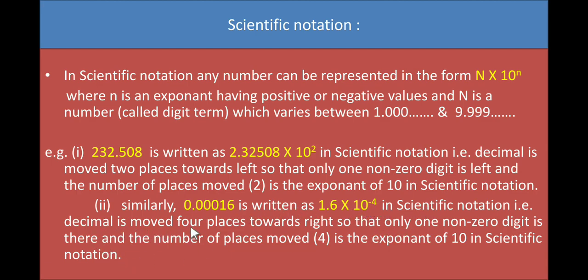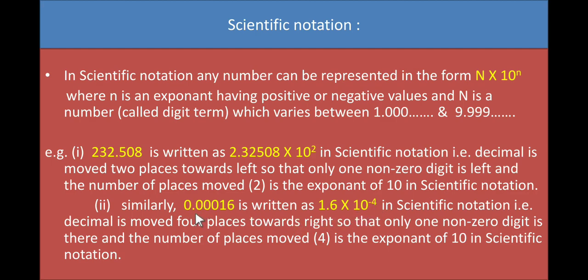The decimal is moved 4 places towards the right so that only one non-zero digit is there, and the number of places moved, 4, is the exponent of 10 in the scientific notation. Since the decimal point is moved 4 digits towards the right, we decrease the power of 10 by 4, that is, minus 4 is written here.